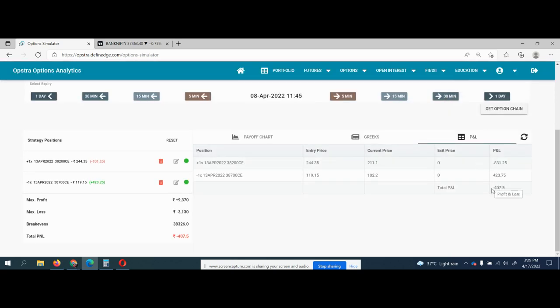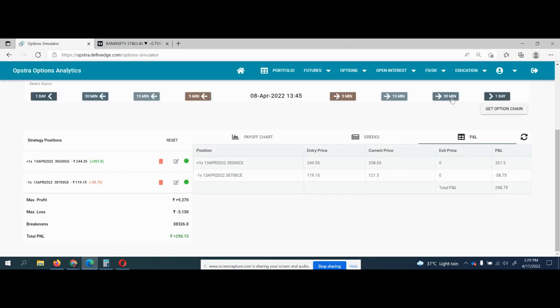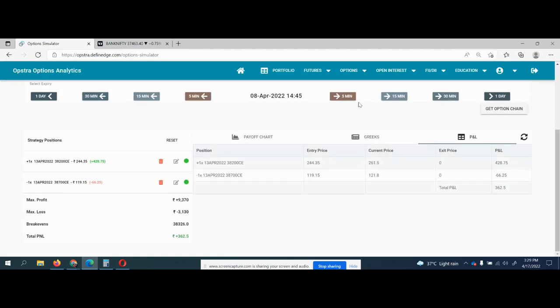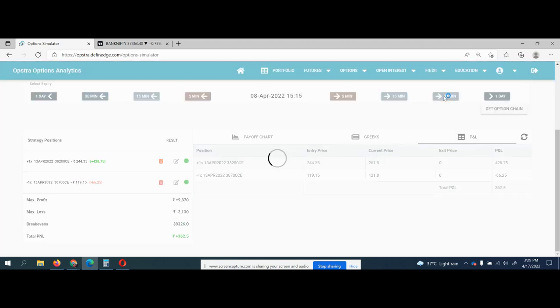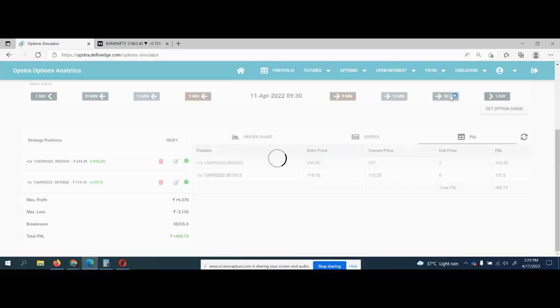Though we are having a loss, the adjustments will start only when the current price of this buy leg becomes between 124 to 130. I'll quickly go. 250, we are in profit. Almost close of the day on the 8th, almost end of the day, 257. We are making a profit of 448.